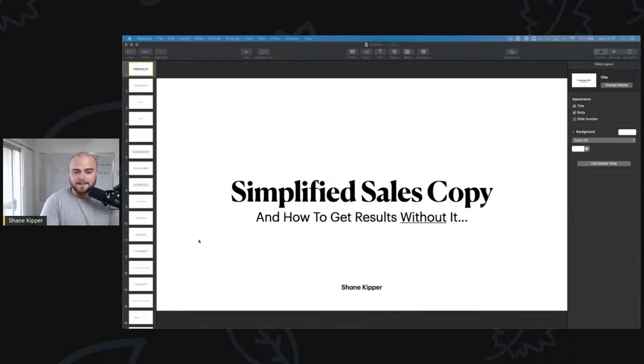At least I felt like it, and none of the slides were showing. So just going to double check that we can see the slides here.